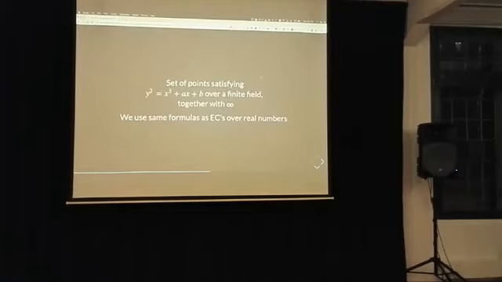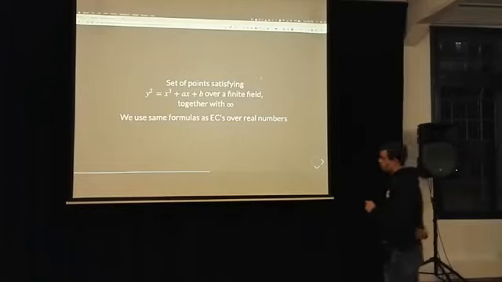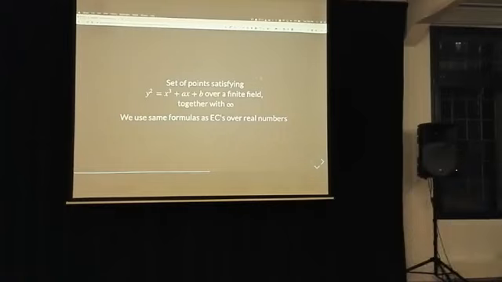So in cryptography, we're going to define an elliptic curve to be a set of integer points, obviously, satisfying the same equation over a finite field, usually a set of numbers modulo a prime number, i.e. the modular residues of a prime number, together with, again, the point at infinity.